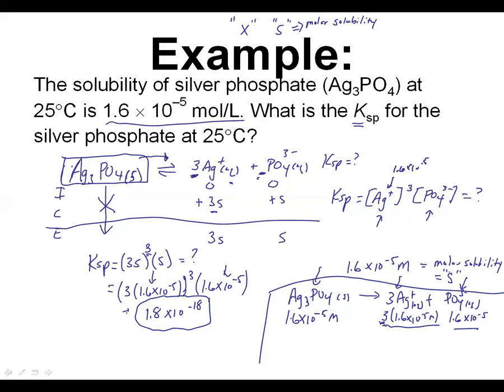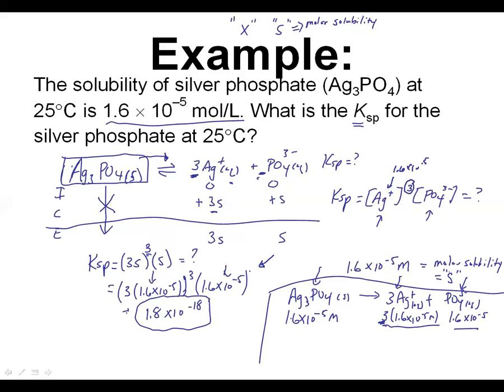Or people will do this part by multiplying by 3 and forget to do the cubing part. So sometimes the ice table puts it together a little more straightforwardly than just taking the concentrations and sticking them in. But if you clearly understand how the ion's concentration relates to the whole thing, you can figure out the concentration of each of the ions and stick it in without doing the formal ice table.